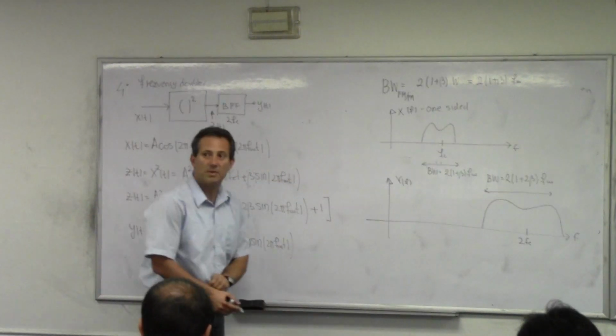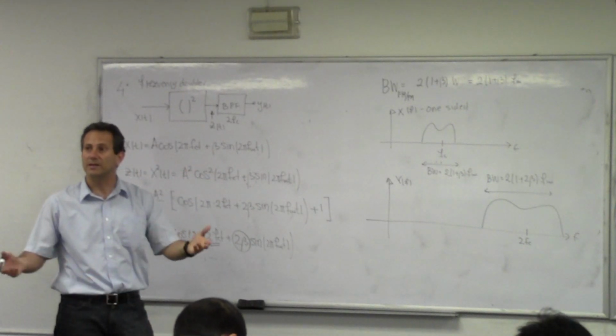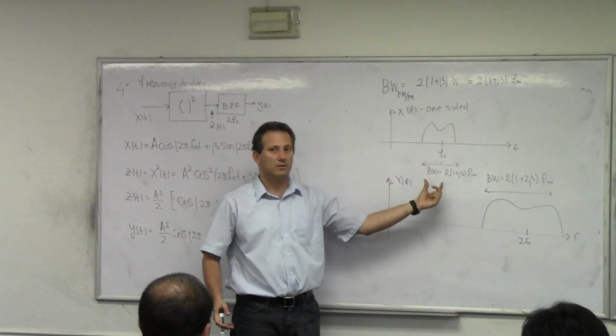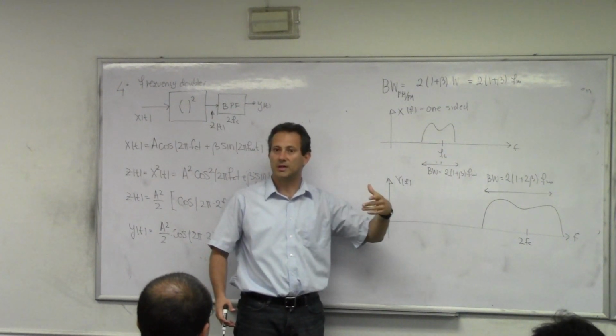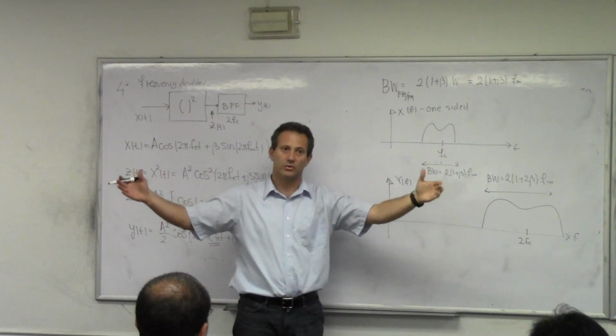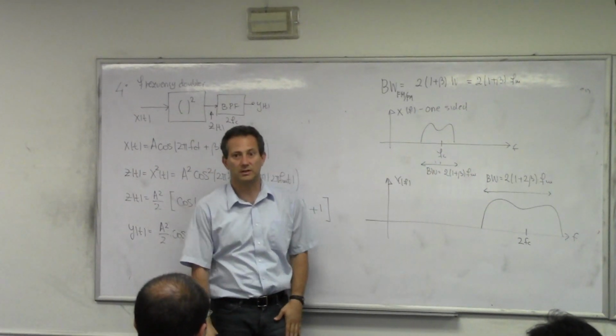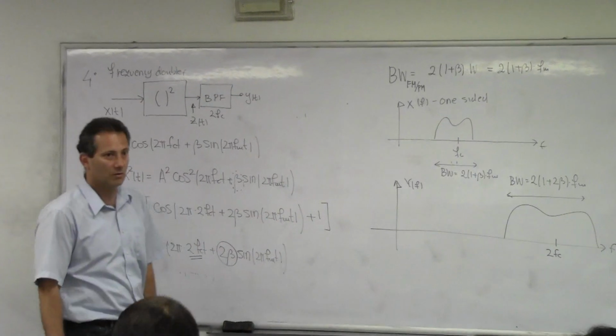So that's the way, remember, we generated wideband FM. We start with something that is narrow, and then you do the frequency multiplication, where you not only change the carrier frequency, but also increase the bandwidth of your signal. You spread your energy over a larger band.